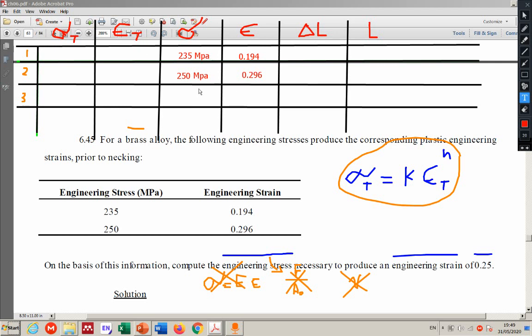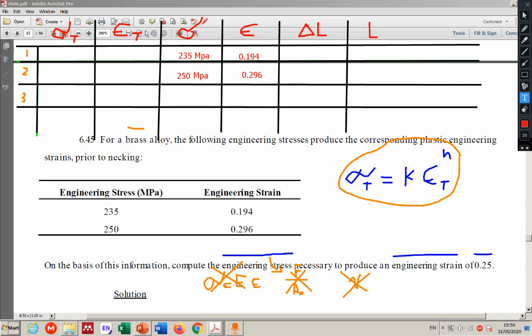Remember, I cannot use them. I'm always saying, student, create this table if you don't know what you're doing. If you know what you're doing, no need for this table. So those are not true. I cannot find n and k. If I want to find n and k, I have to have 2 true stress, 2 true strain, which I need to fill those 4 empty cells here.